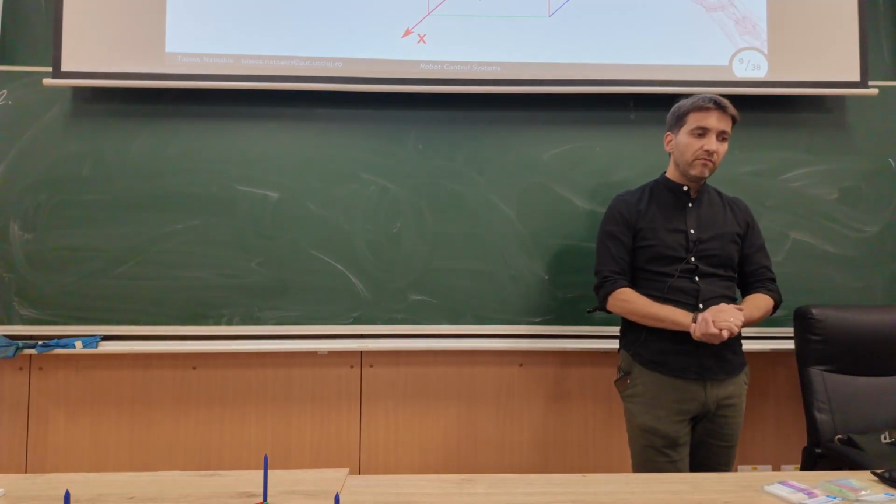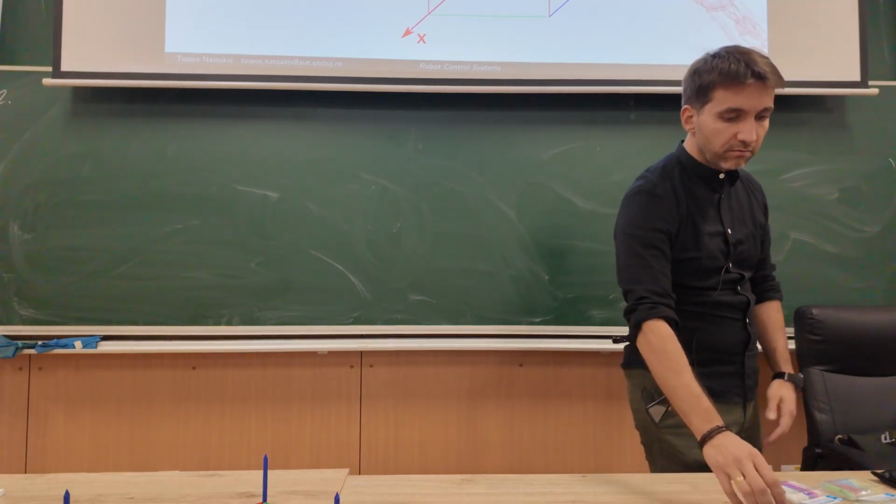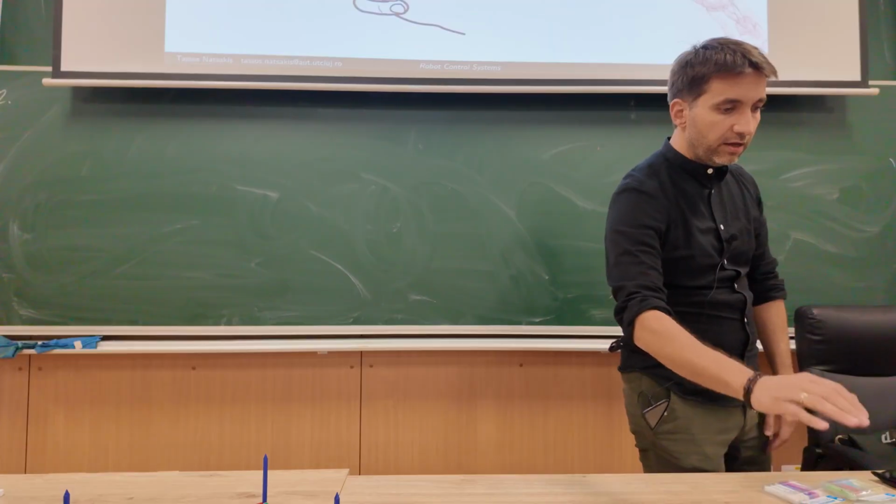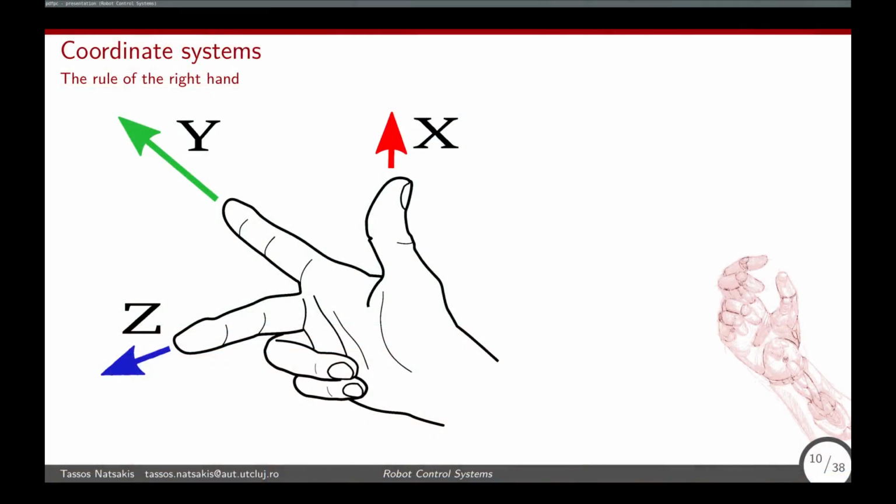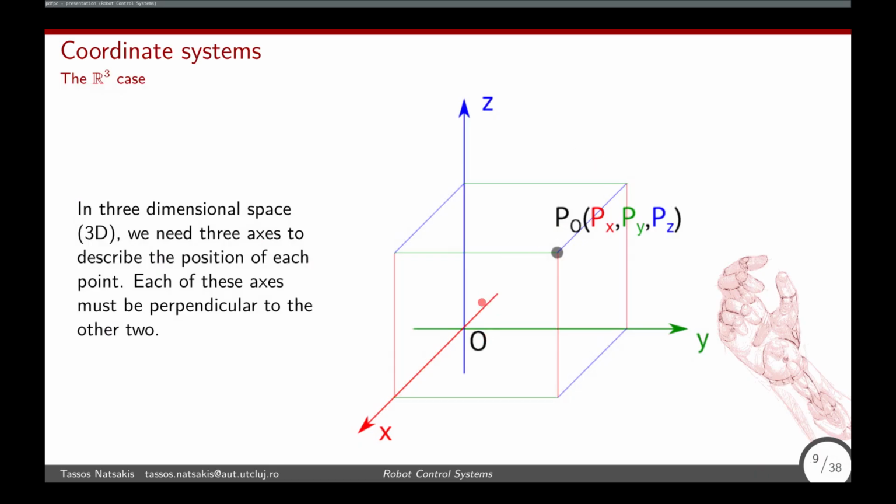Now, first thing that we should learn, maybe you heard it before, maybe not, is what we call the rule of the right hand. In 3 dimensions, we have to be careful about how we assign the axes. Which one is the first, the second, the third axis, right?